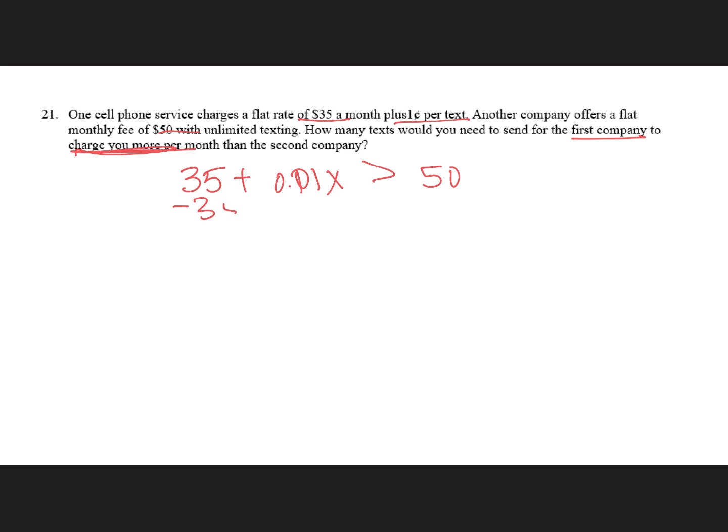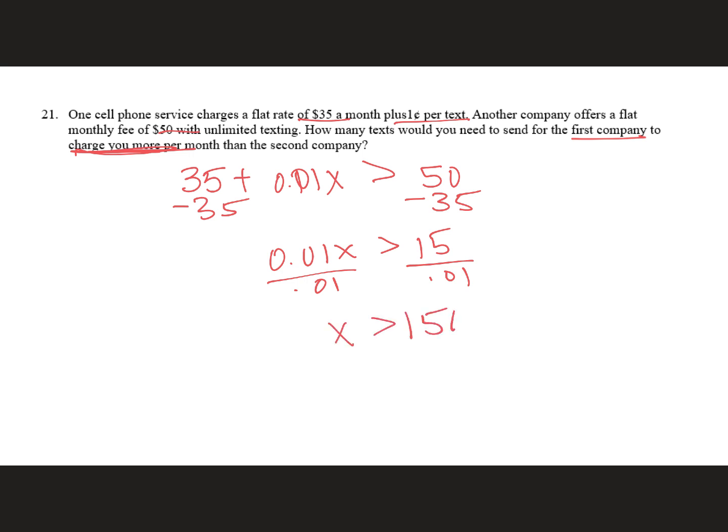So we're going to subtract 35. That gives me 0.01X is greater than 15. I'm going to divide by 0.01. So X is greater than 1,500. So you would need to send more than 1,500 texts for the first company to be more expensive than the second.